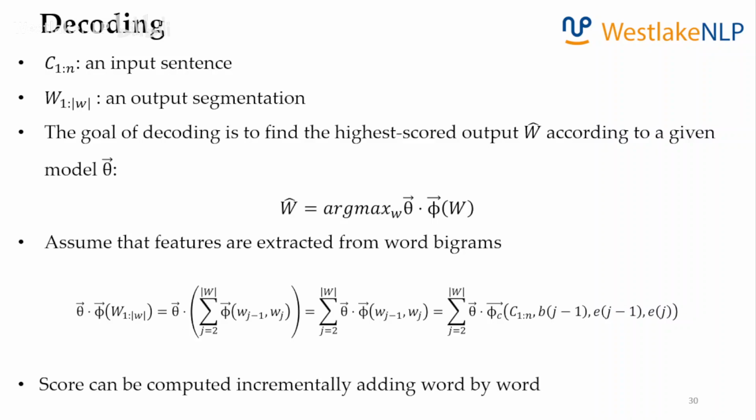Now for word segmentation, I don't need to write C and W because, as I mentioned to you, W contains C, right? So this phi is phi of W. Now theta dot phi is the word sequence score. And what we want to do is find a W out of all possible Ws that has the highest score for decoding.